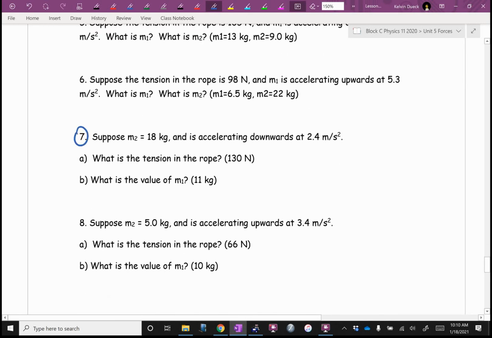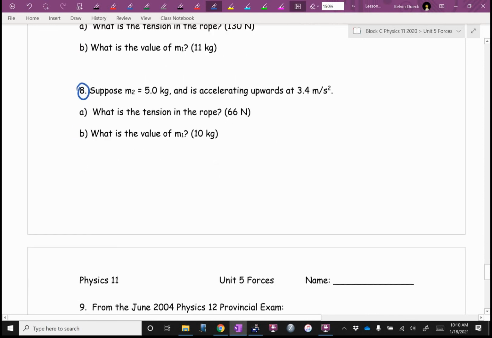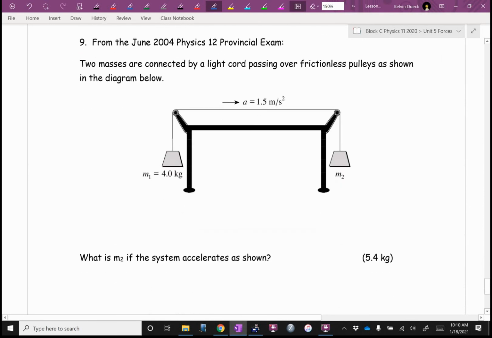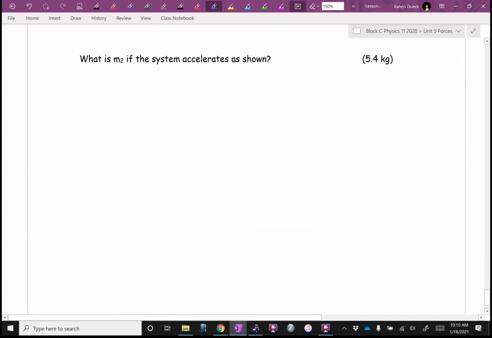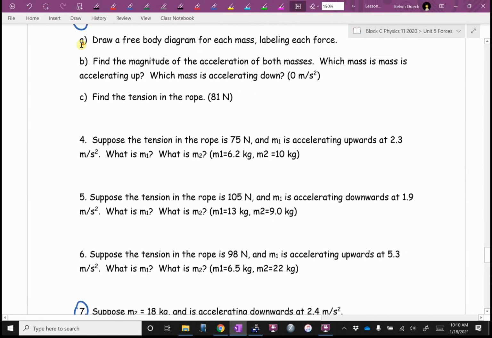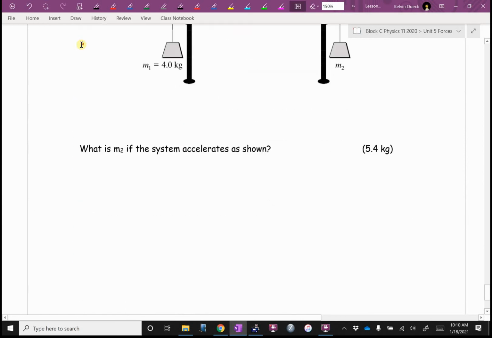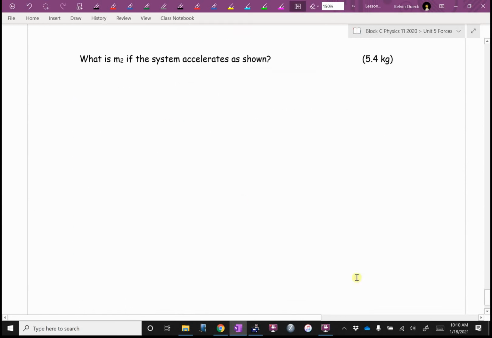So I skipped 4, 5, and 6. Number 8. Number 9. So I assigned 1, 2, 3, skip 4, 5, and 6, then 7, 8, and 9. Put your pencils down, look up.